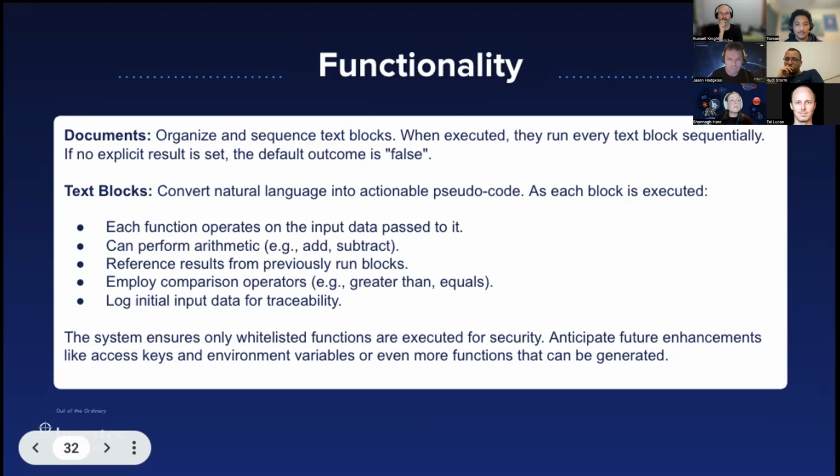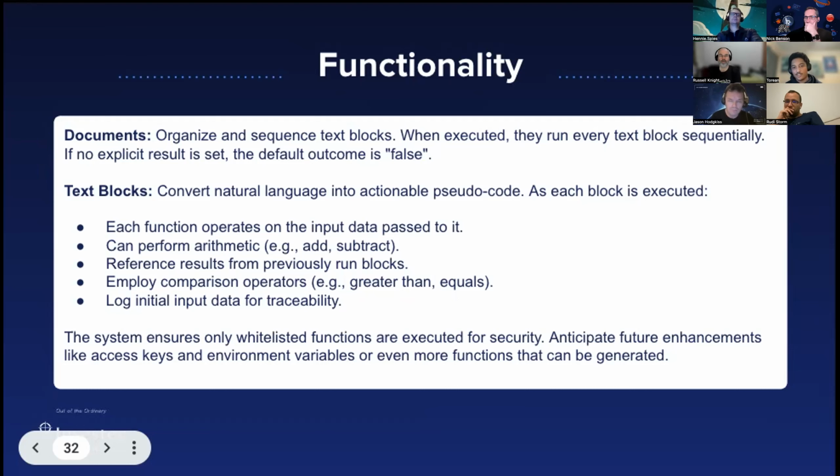All you do is pass data to it by typing what you're trying to pass, and it'll try to generate based on inferring what you typed. These could be arithmetic functions like adding or subtracting, referencing results of previously run blocks, doing comparison operations, maybe returning true or false based on some transaction value that you see in the data that was sent, or just logging out some other data that you want to have for yourself.